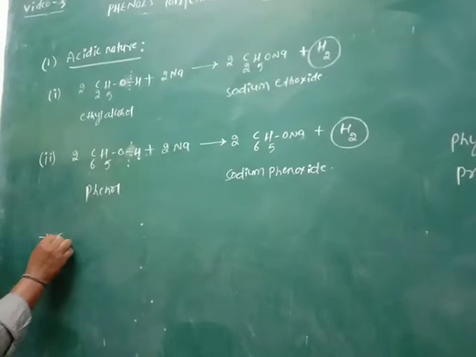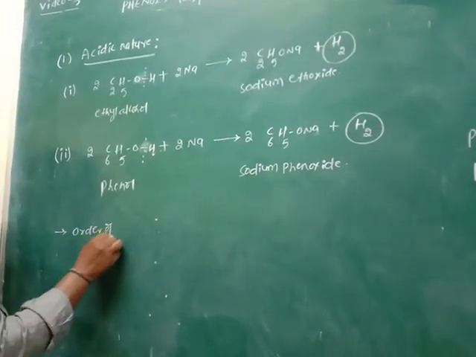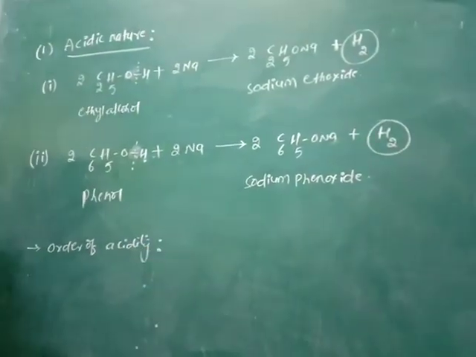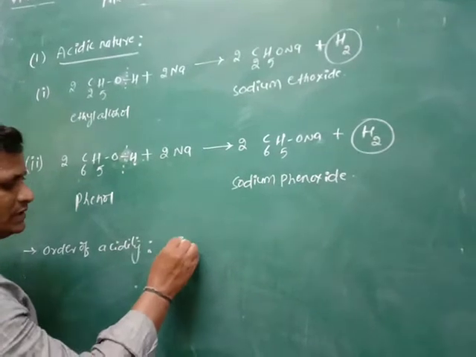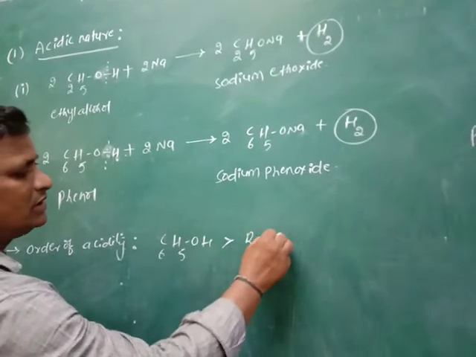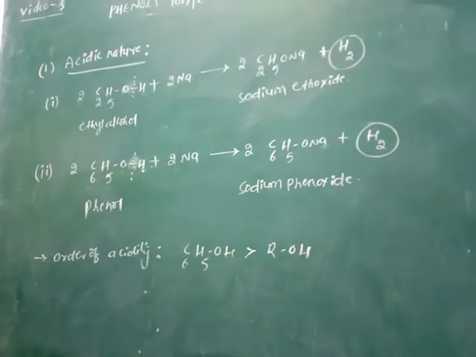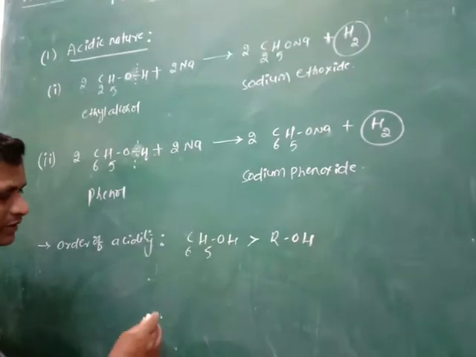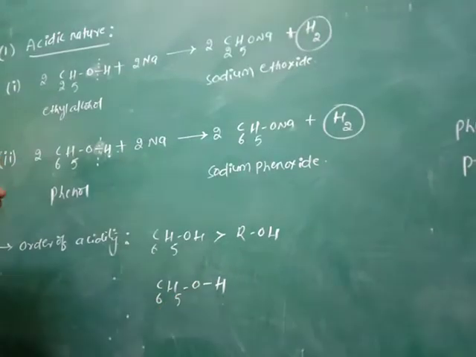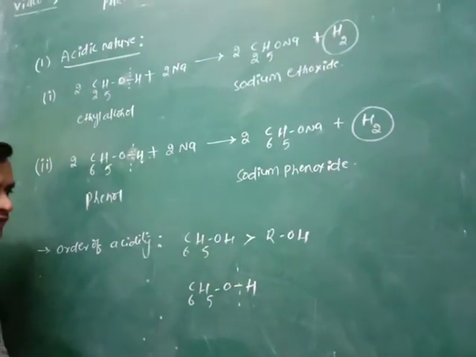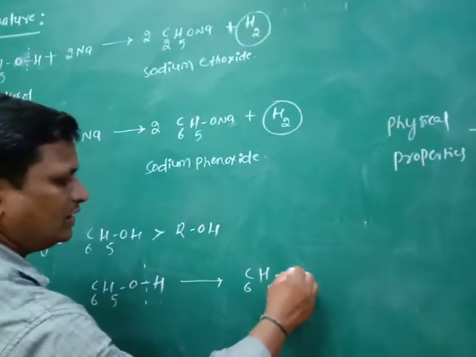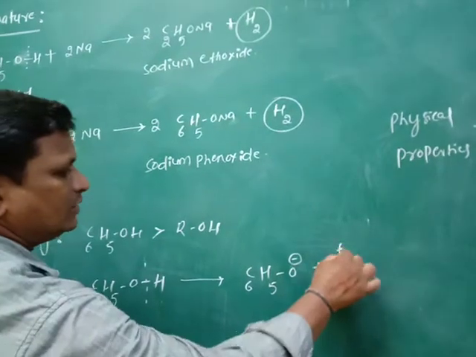Now the order of acidity. Generally the acidity of phenols, C6H5OH, is greater than alcohols. Why? Because if you take phenol, C6H5 bonded to O and H, fission of the OH bond gives C6H5O minus plus H plus.